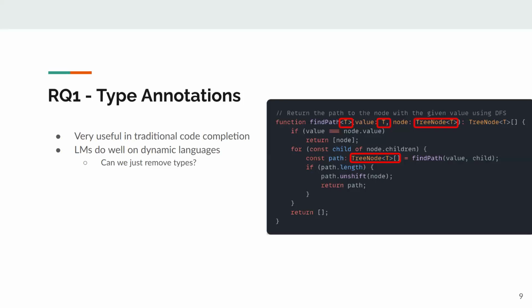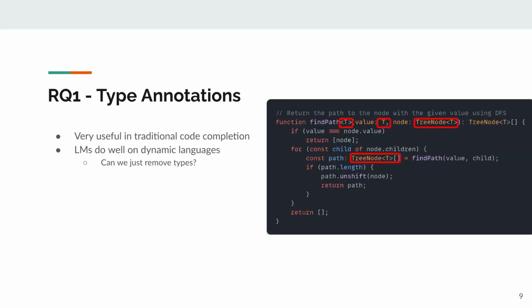Many languages use type information to make the language more strict, to prevent runtime errors and to instead raise these errors at compile time. This is great when you're a developer because you'll catch these errors early on and you won't have to deal with sudden crashes at runtime.